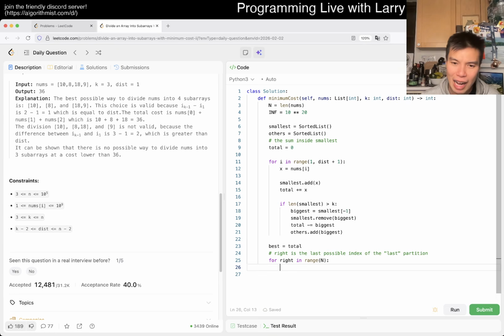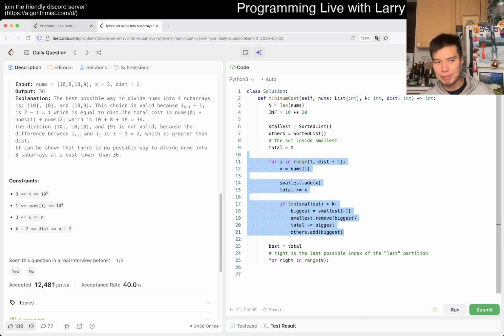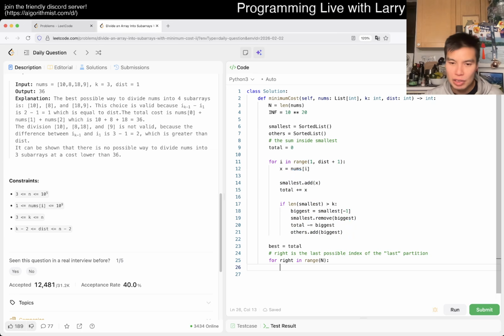Yeah, and then now, this is to set up the initial window, right? And then now we have to slide it. So then here on the right side, we actually start at dist plus 1, I think, maybe. Yeah, because that's the first one that's not being processed for this.